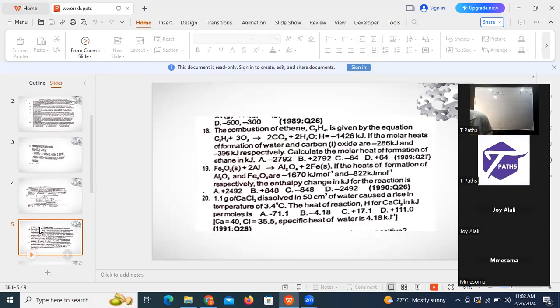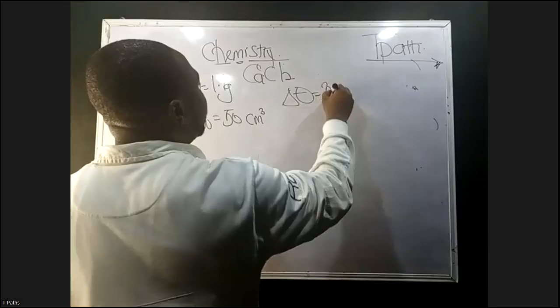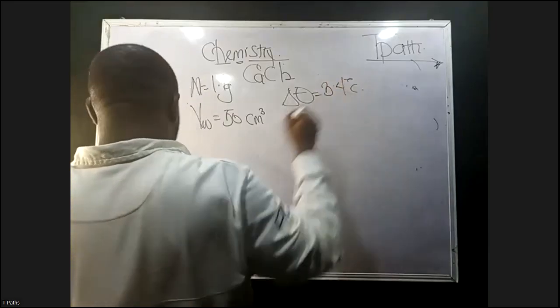Number 20. You're told here that 1.1 gram of CaCl2 dissolved in 50 ml of water causes a rise in temperature. So the mass of calcium chloride is 1.1 gram, dissolved in 50 cm cube of water, and delta theta is 3.4 degrees Celsius.